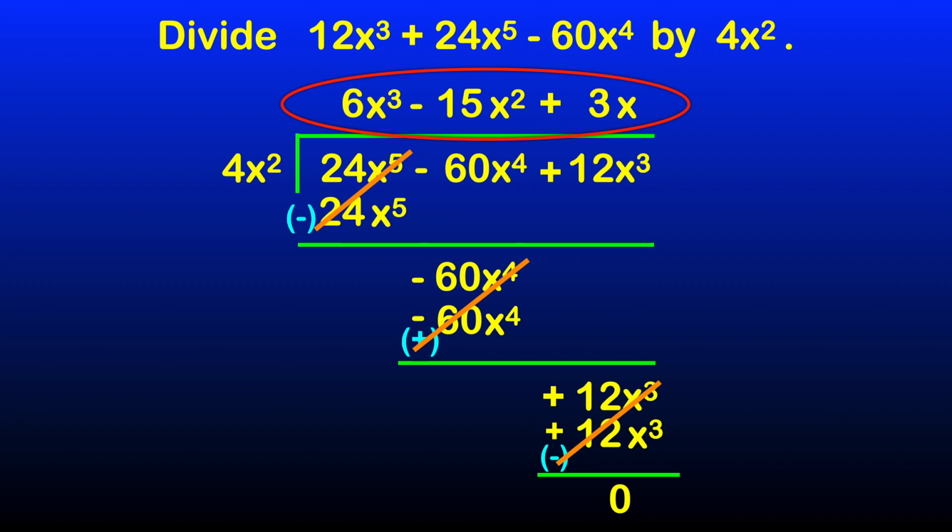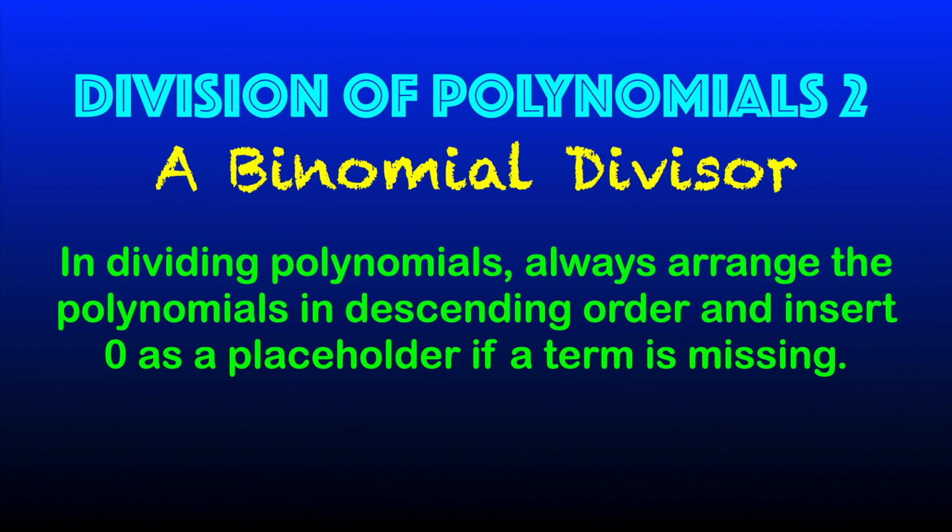Let's go now to division of polynomials with a binomial divisor. Be careful with this, or always remember this. In dividing polynomials, always arrange the polynomials in descending order and insert 0 as a placeholder if a term is missing.